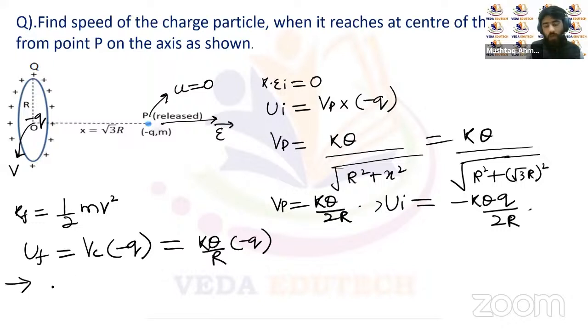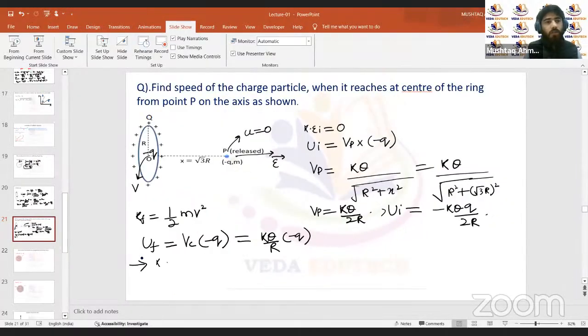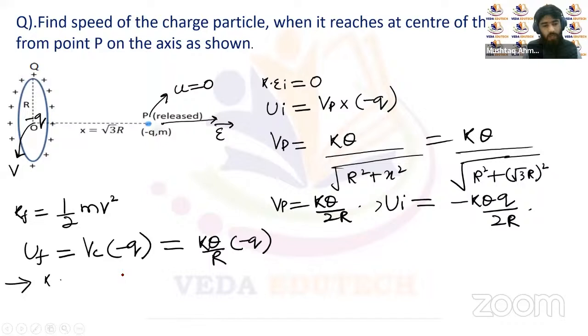So we can use initial kinetic energy plus initial potential energy, that will be equal to final kinetic energy plus final potential energy, right?